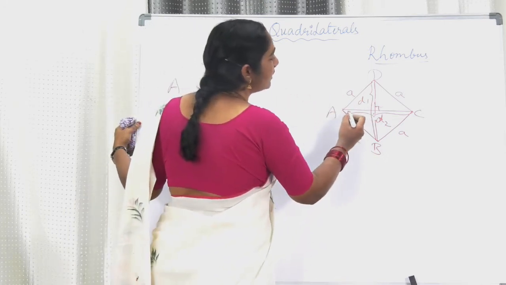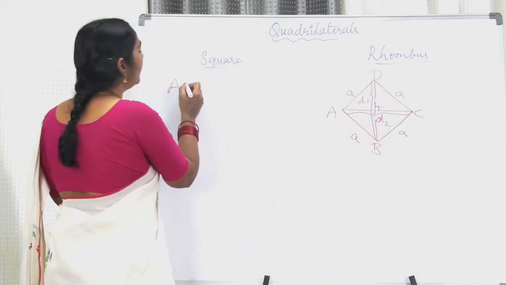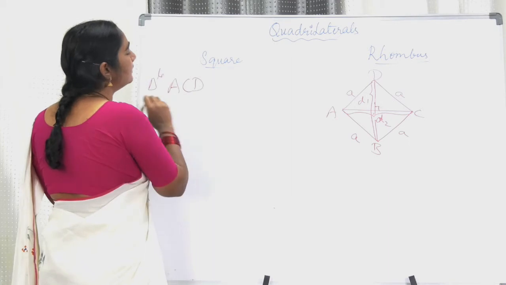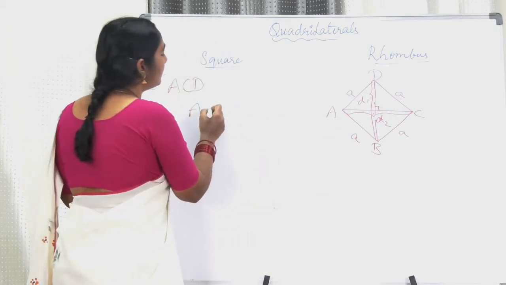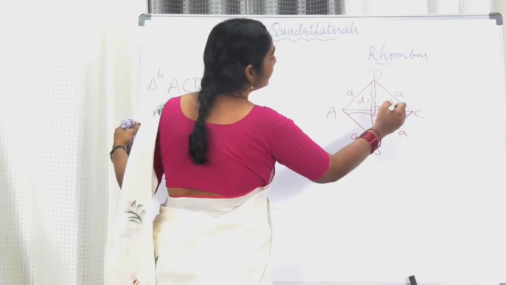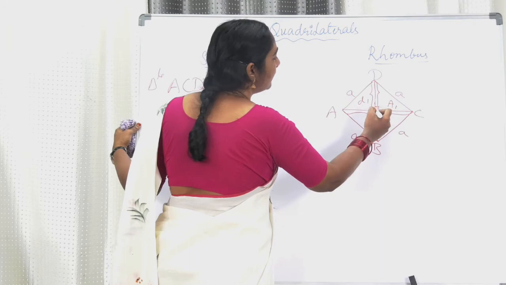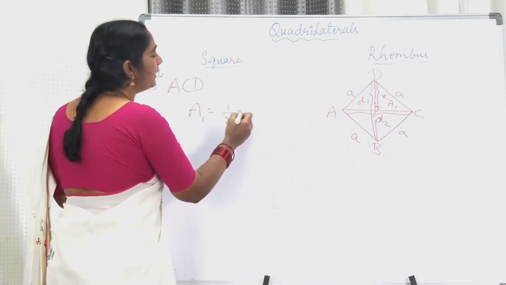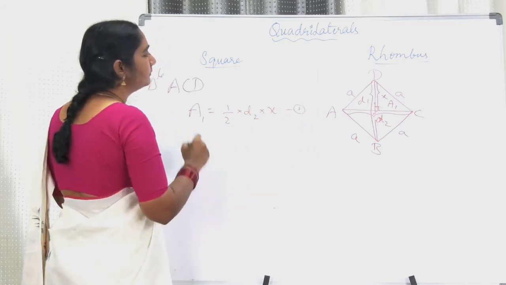Now for our convenience, let us take the triangle ACD. In this triangle ACD, let me call the area A1. It is equal to half into base into height. Let me take this height as x. So that is half into base D2 into x. Equation number 1.